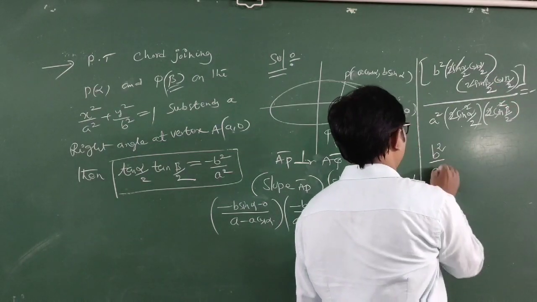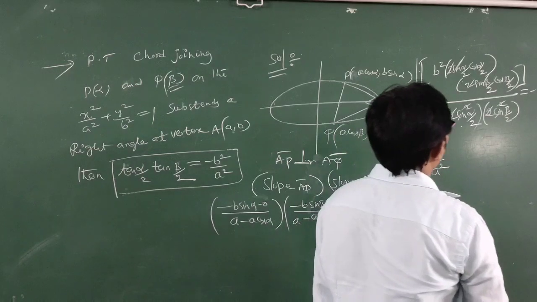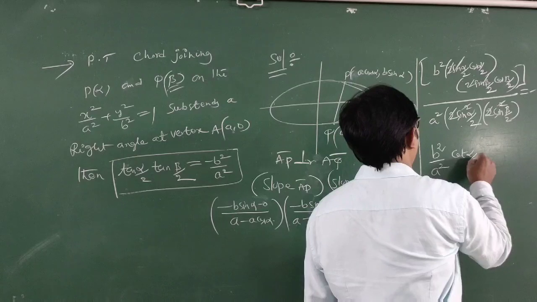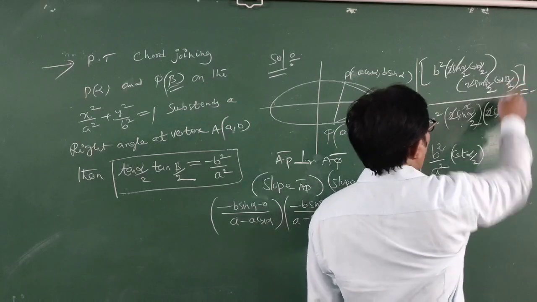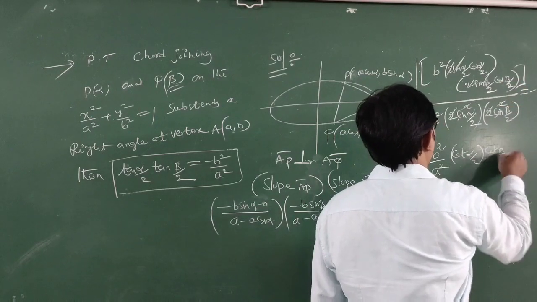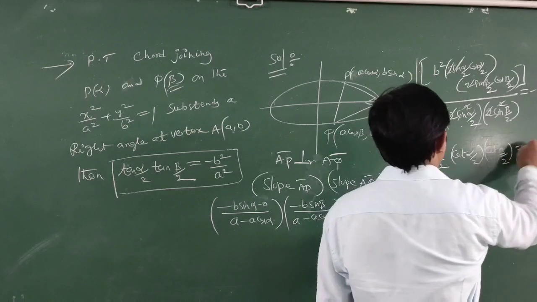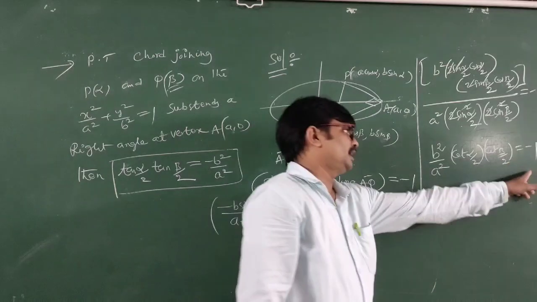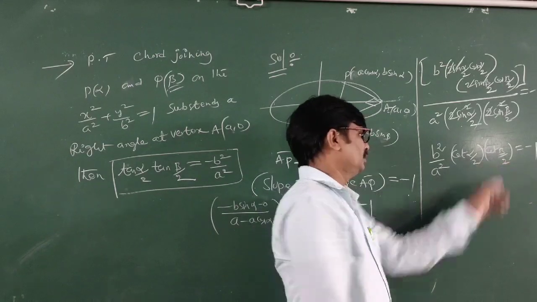The b square by a square remains. What is there? Cos by sin, cot of alpha by 2, cos beta by sin beta, cot of beta by 2, equal to minus 1. These are sent to the other side, and 1 by cot, the reciprocal of cot, is tan.